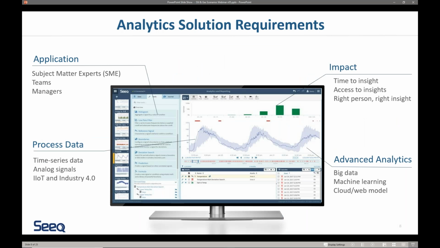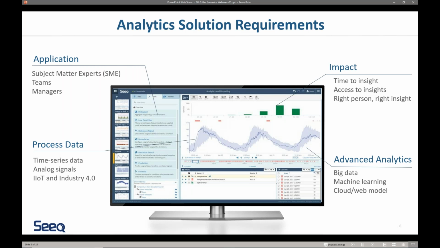The next two slides look at what an analytics solution entails, specifically from the perspective of Seeq. So we've talked about, from an application standpoint, something that allows our subject matter experts access to that data, and then we can use that collaboration and sharing to spread that across our teams and to managers.